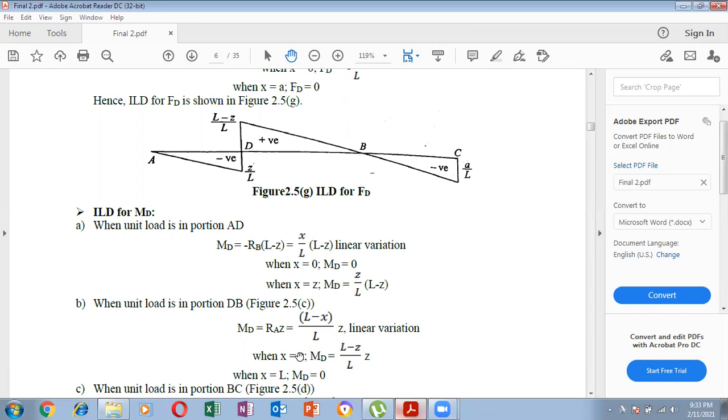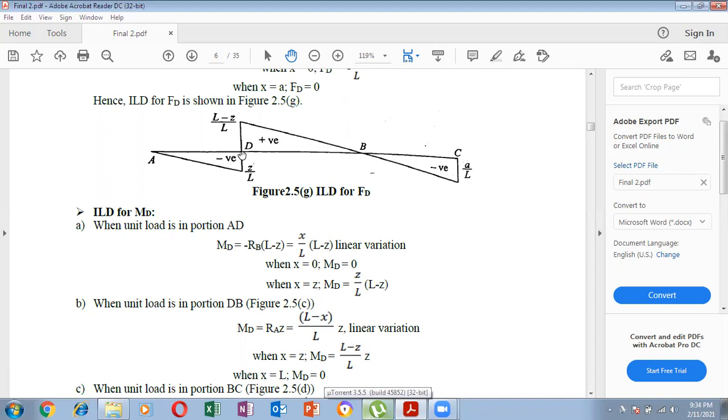Then applying the boundary condition where we have stopped, X is equal to Z. Substituting, the equation will become (L minus Z) divided by L into Z.